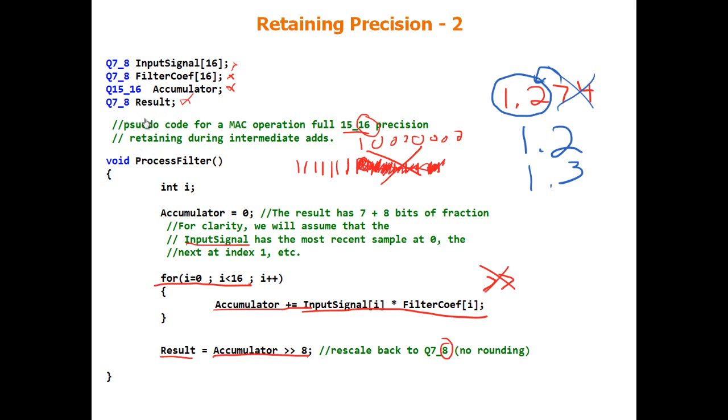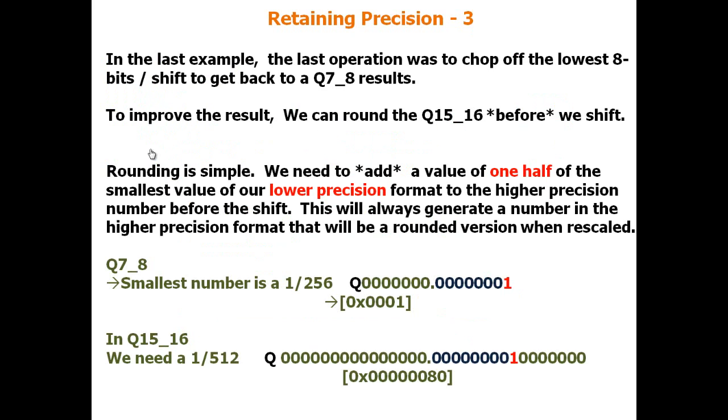Well, it turns out rounding is pretty easy. Now, I'm going to try to say this slowly because this can get kind of confusing. In the last example, we looked at chopping off the lowest 8 bits. Now, to improve the result, we can round the higher precision form before we shift. All right? Rounding is simple. Here's what we need to do.